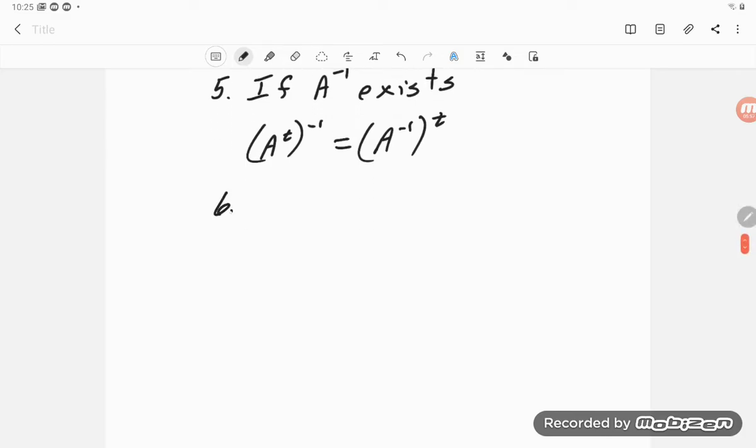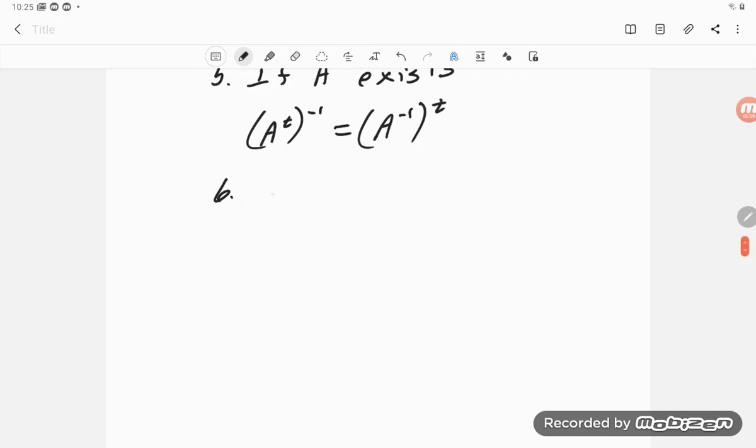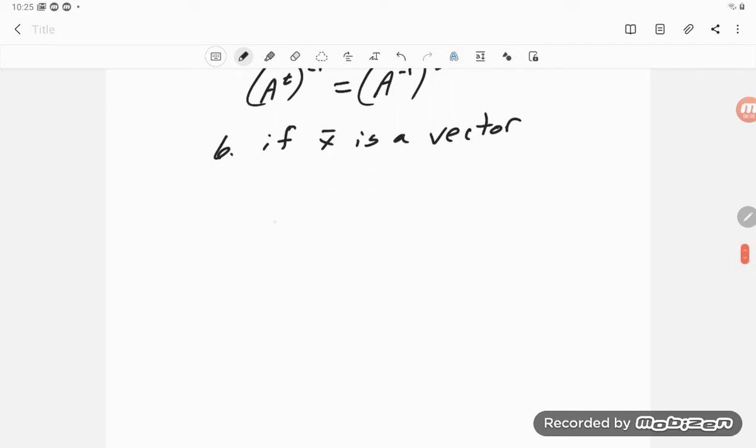And then finally, 6, if x is a vector, then if you take x transpose x, what you get is this: x1, x2, x3.